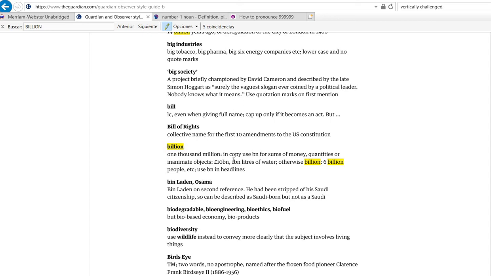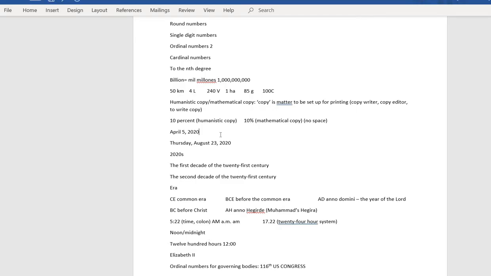In copy, in text, we're going to see this word in a minute, use billion for sums of money, quantities, or inanimate objects. 10 billion, 1 billion liters of water, otherwise just billion, 6 billion people. Use bn in headlines. Now, that's initially the case, but actually most British use today challenges that.